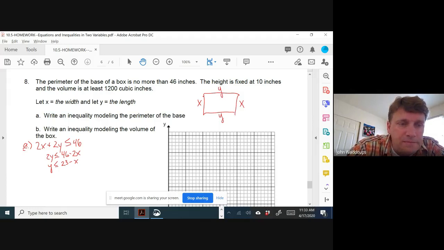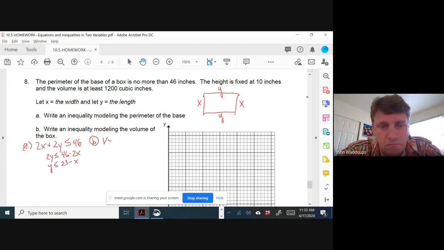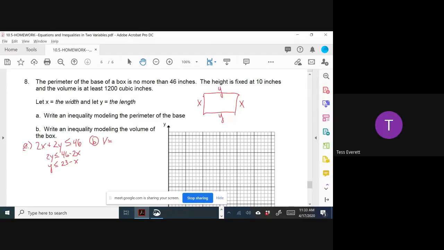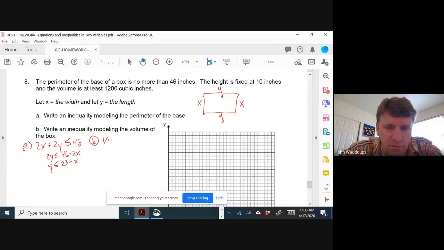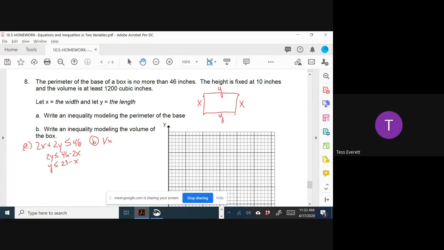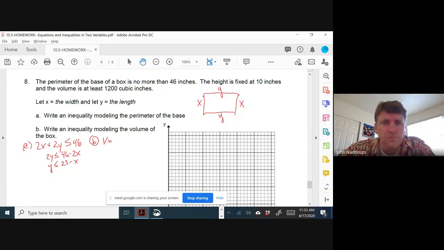And then B, write an inequality modeling the volume of the box. What's the formula for volume, Tess? The formula for volume of a box.